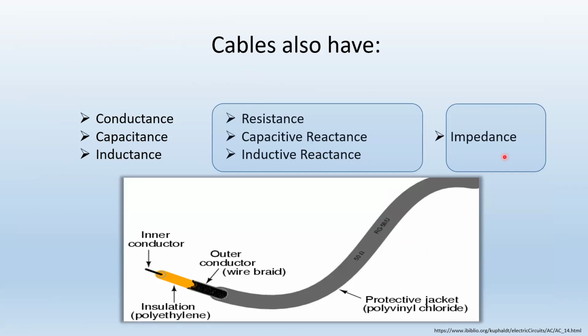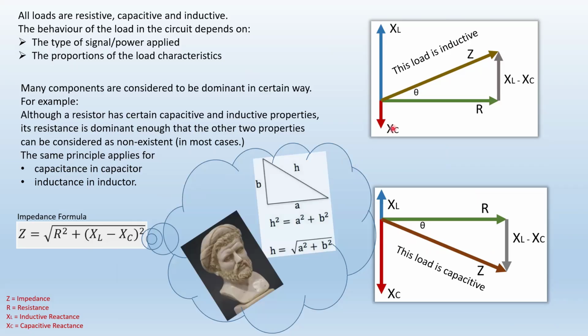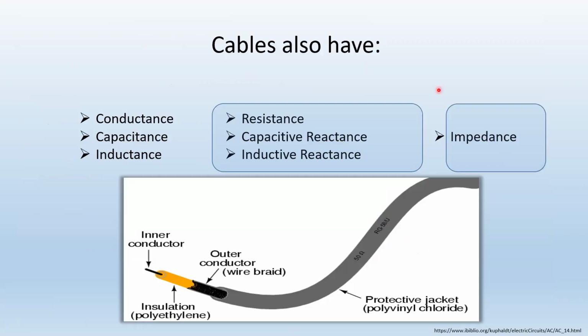Impedance is the combination of the resistance, capacitive reactance, and the inductive reactance, as you can see here. Now, because of resistance, I will have conductance because it's the opposite of resistance. If it's capacitive reactance, it's going to have capacitance, and so on. I just put those things there.